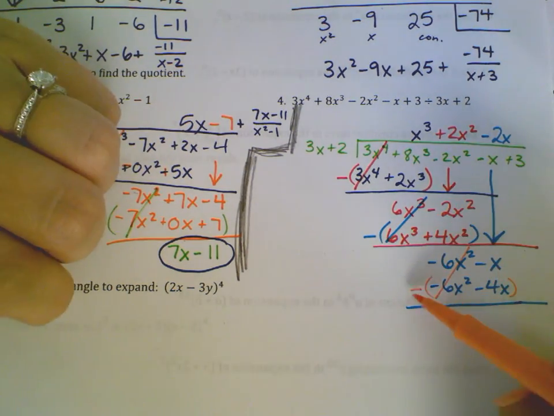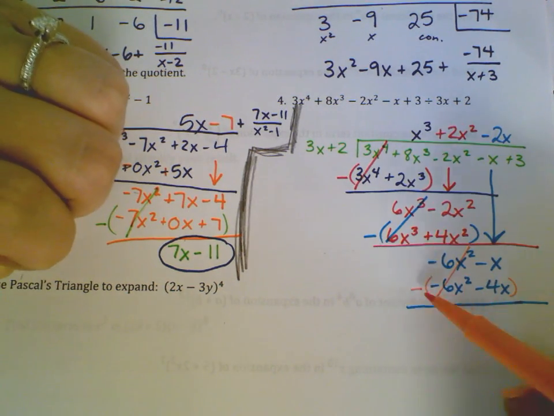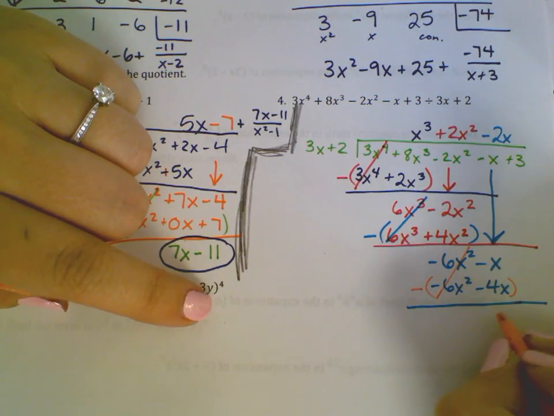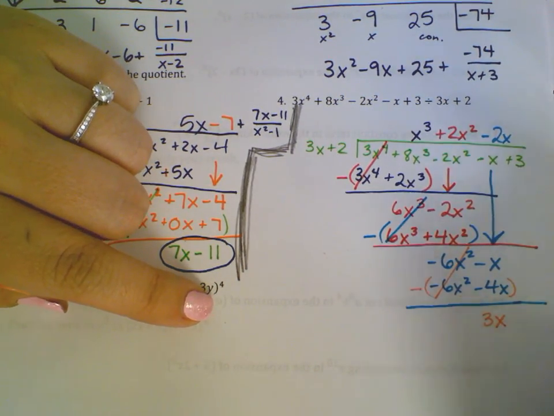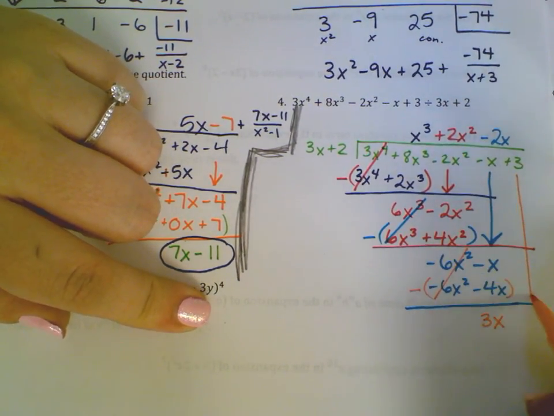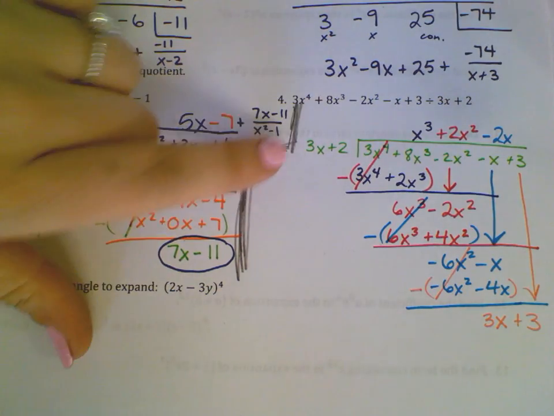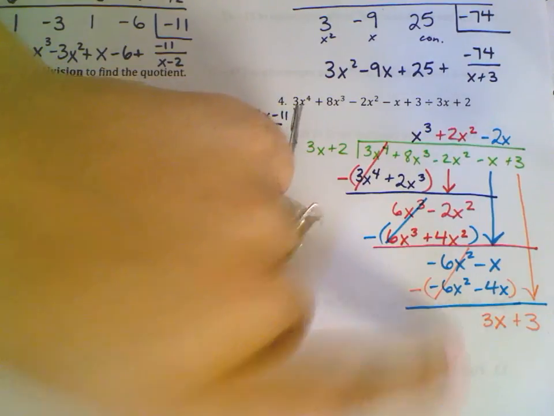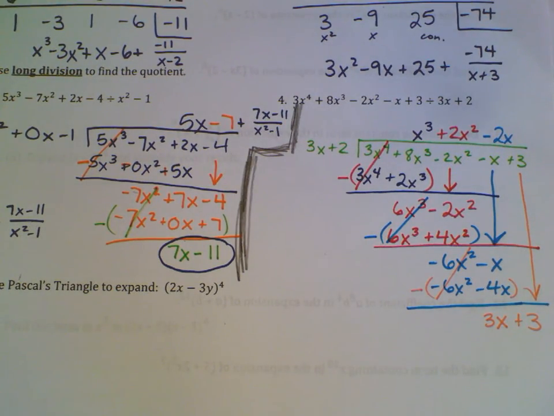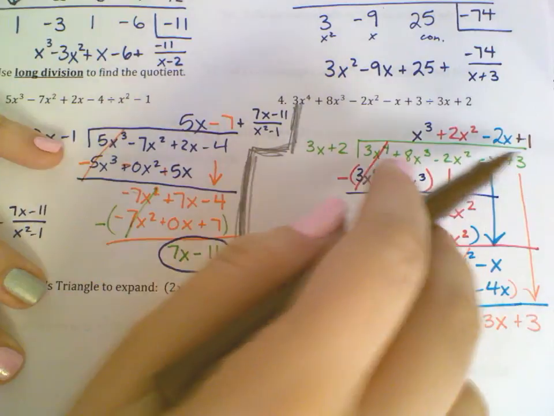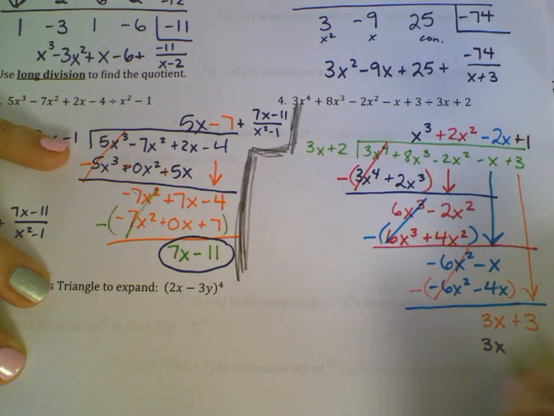Negative x minus a negative 4x, so that basically becomes a plus. So negative x plus 4x gives me 3x. I will bring down this plus 3. Now, 3x times what gives me 3x? Well, that will be 1. So plus 1. 1 times 3x is 3x. 1 times 2 is 2.